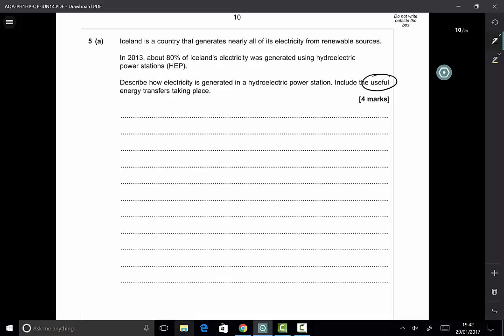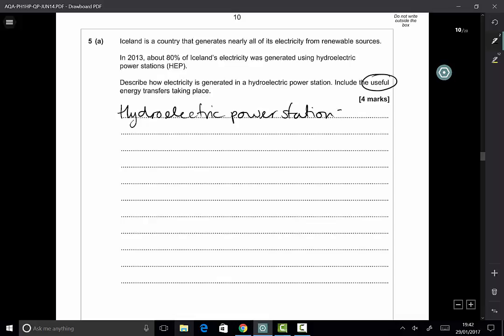So, the first thing we've got in a hydroelectric power station is falling water. If something's falling, that means it had GPE, gravitational potential energy, and that's being converted into KE.